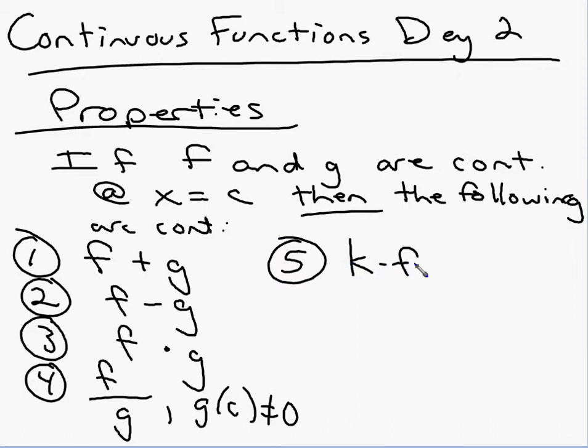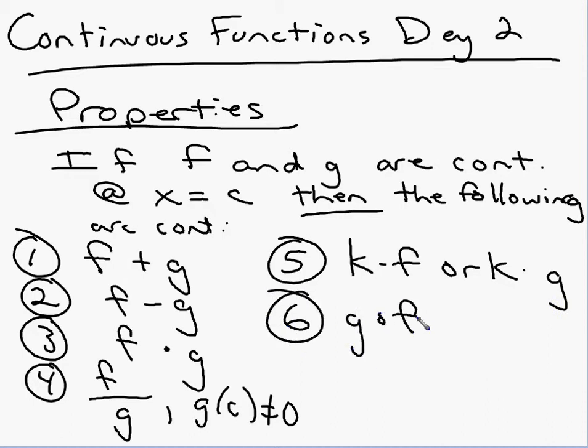Also k times f, or k times g for any number. K is our universal symbol for a constant. If I multiply any of them by some number, and also g of f and f of g would all be continuous.